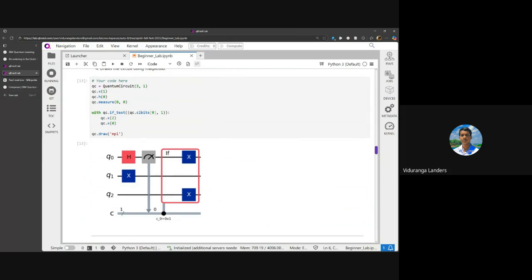So in that case, I can add another Hadamard gate here and another measurement here, and likewise, which means I can use the same qubit. But in a practical sense, it doesn't make much sense, because these devices are made to run multiple shots of the same circuit.